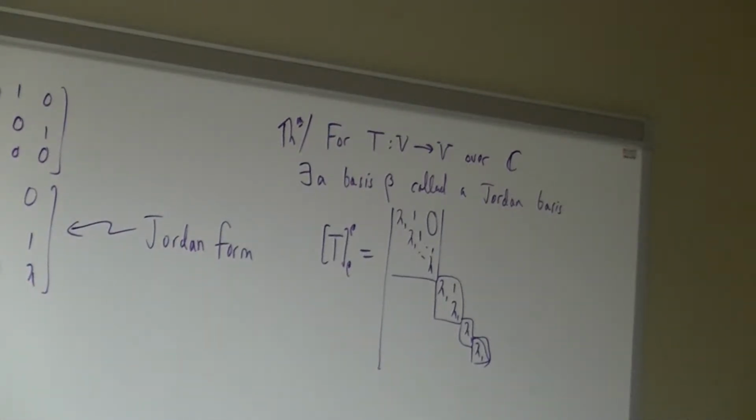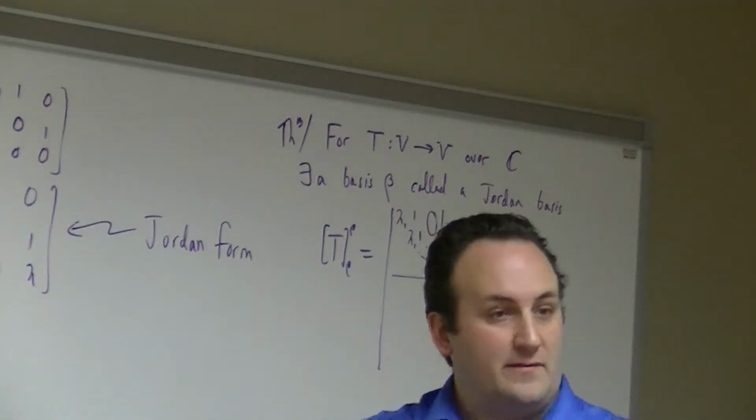You can have 3 by 3 blocks. You can have 2 by 2 blocks. But it's always these blocks or singletons, single elements, with 1s on the superdiagonal. And every time you have one in here which doesn't have the superdiagonal 1, that corresponds to the existence of an eigenvector with eigenvalue lambda 1.